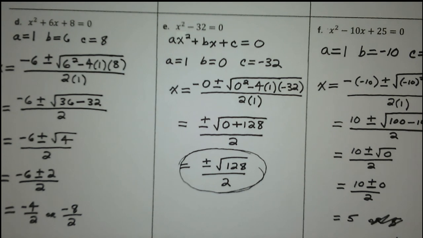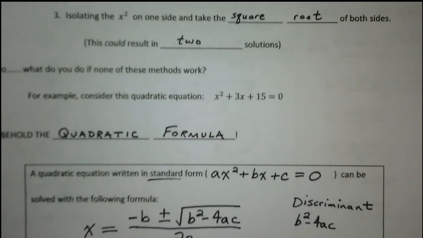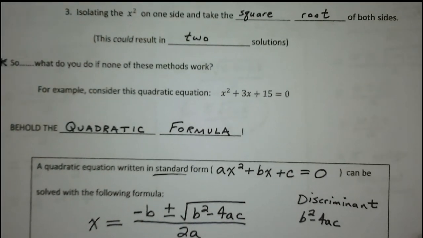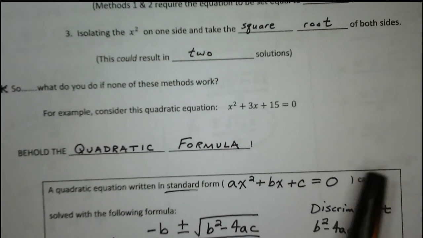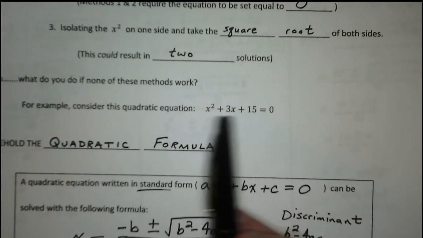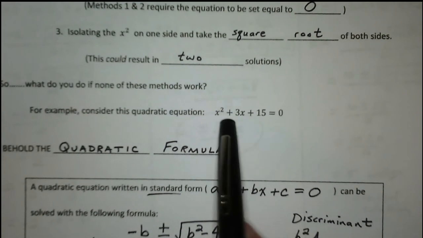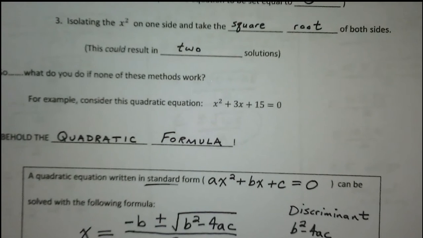But again, I want to say one more thing in closing. This quadratic formula will bail you out if it turns out that you cannot factor. If you see something that cannot be factored, this quadratic formula, as long as it's quadratic, can bail you out.